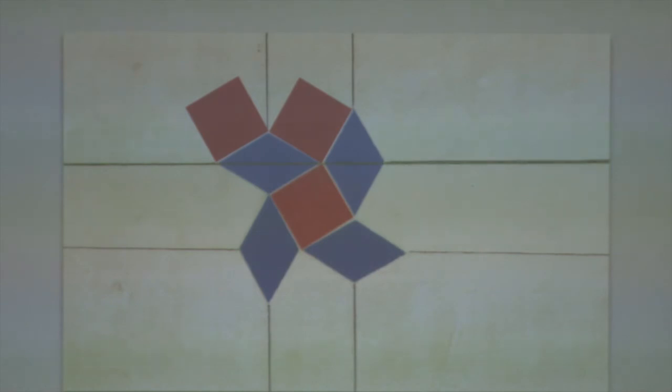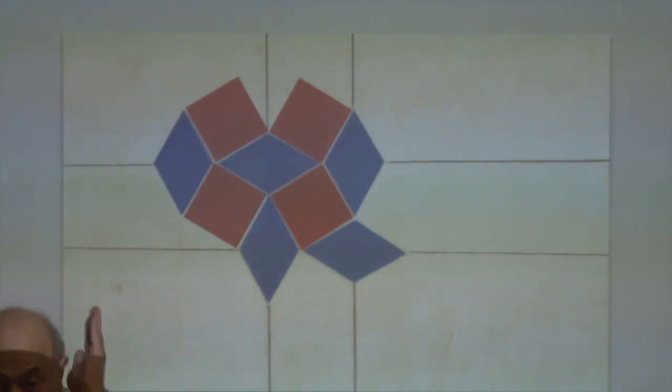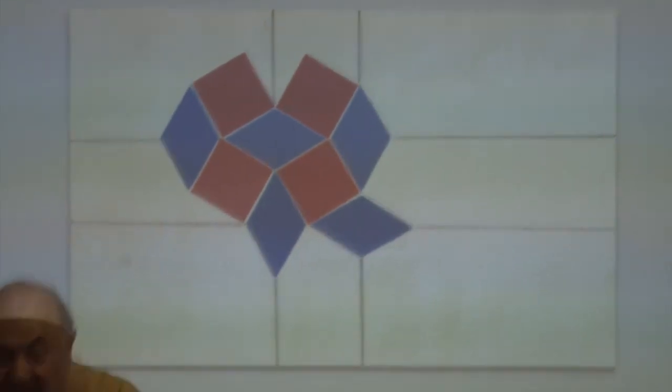Now I'm going to reflect in that line. Now I'm going to reflect this in this line. So the idea is not to be creative, but to only do reflections of the given pattern blocks in the given lines.